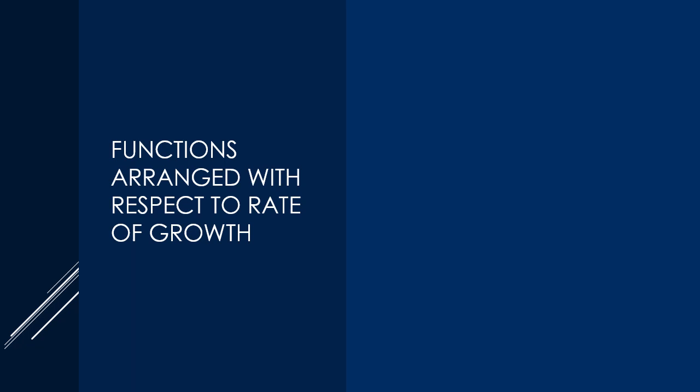It would be a good idea to arrange all our functions with respect to their rates of growth. And this is exactly what we are going to do. So the function that never grows is the constant function, as we saw.